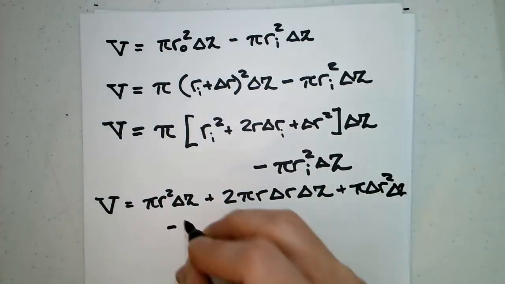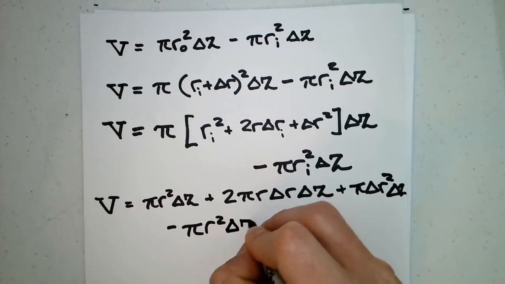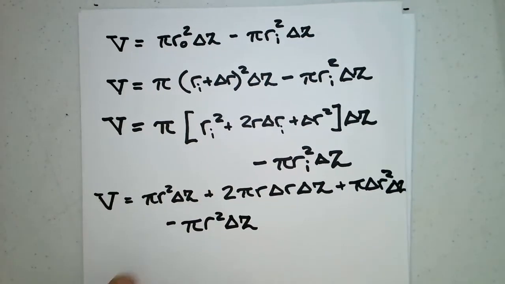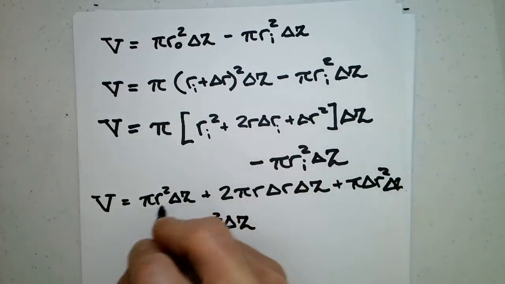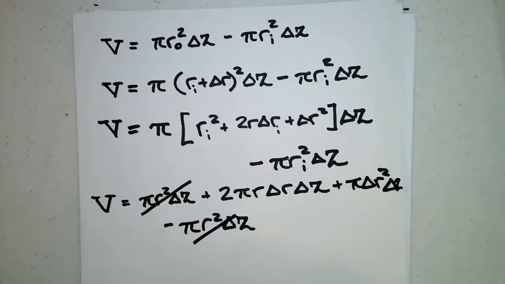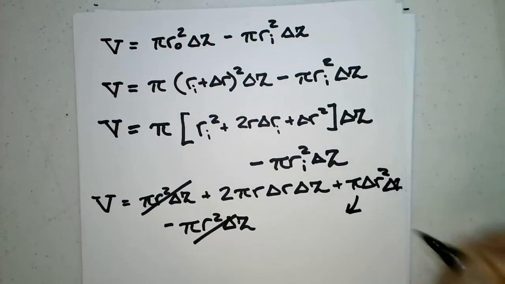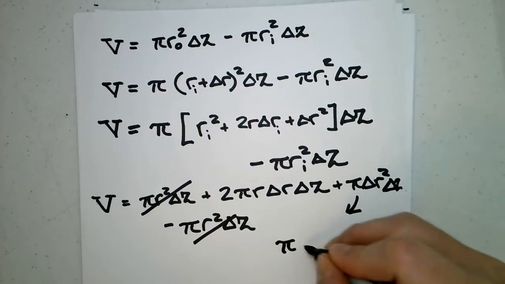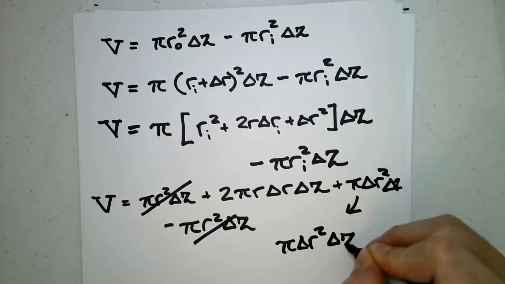Minus pi r squared delta z. So we have plus pi r squared delta z minus a pi r squared delta z. This goes away. We have this term. This term is a little messy, so it's pi delta r squared delta z.